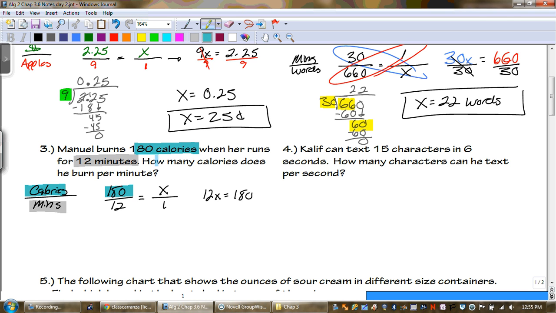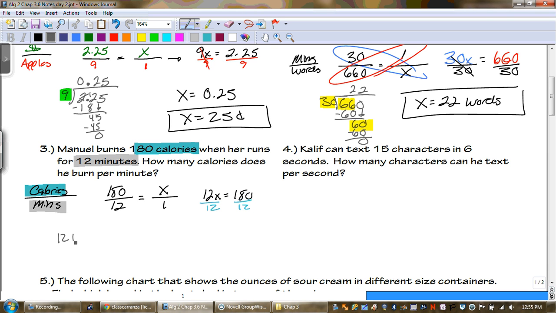So I know 180 calories in 12 minutes, and they say how many calories, so that's your x per minute. Okay, so that's where all of those numbers came from. Set up your cross multiplication and you get 12x equals 180. To get the x by itself, we divide both sides by 12.